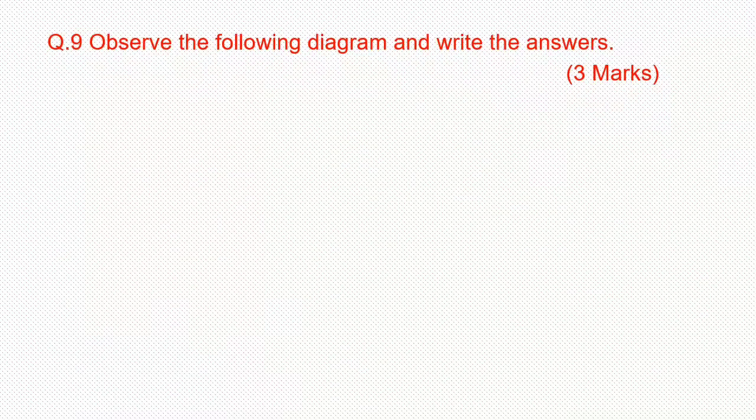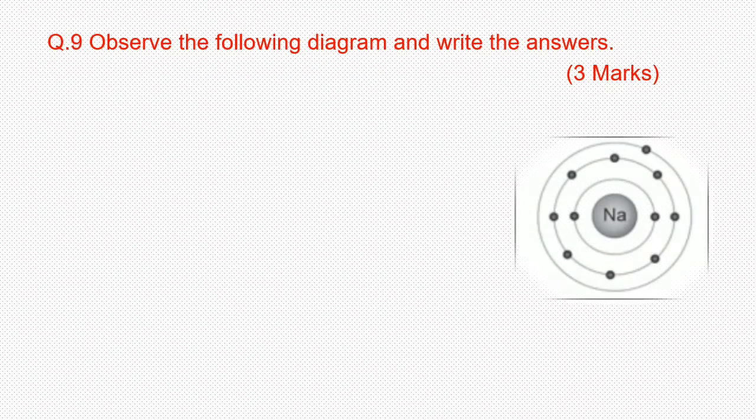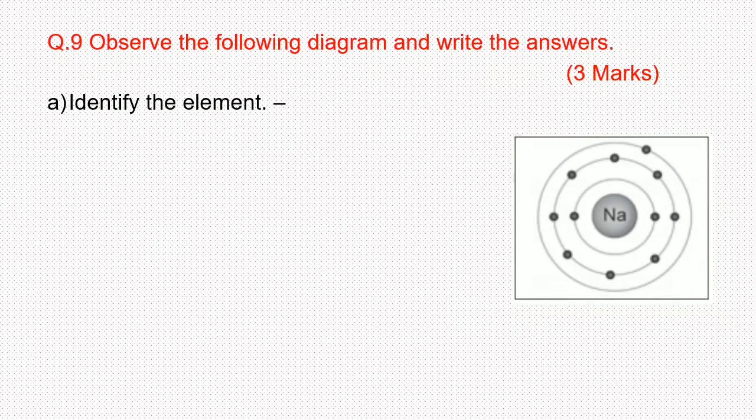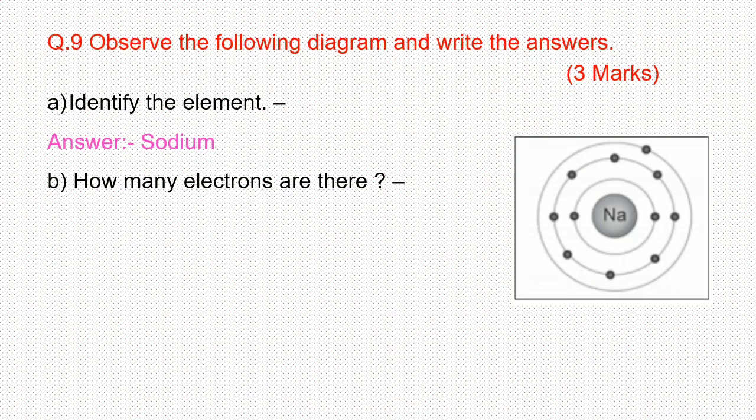Question number 9 is, observe the following diagram and write the answers. This is for 3 marks and the diagram is given. First question is, identify the element. Can you identify the element? Yes, it is sodium. Second is, how many electrons are there? There are 11 electrons in sodium.